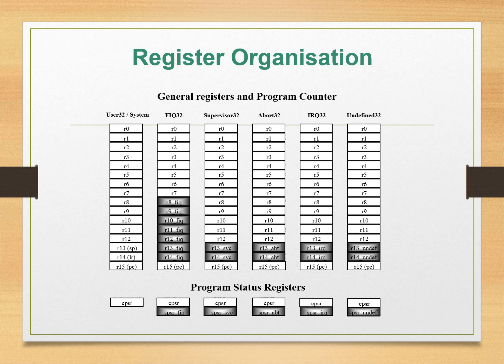Okay? For example, the user mode is R0 until R12, so it is in total 13. While R0 until R7 is the same as the system, but the rest is in their own mode.